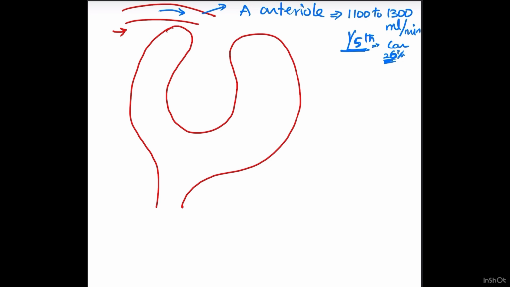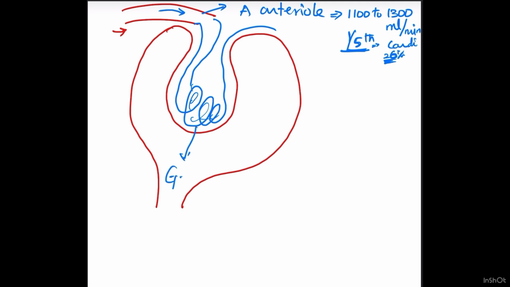In the NCERT textbook it is 1200 only, while in a medical book it is 1300, so I have taken 1200. You have to remember 1/5 portion of the cardiac output. Now it is filtered, and this filtrate is called the glomerular filtrate.